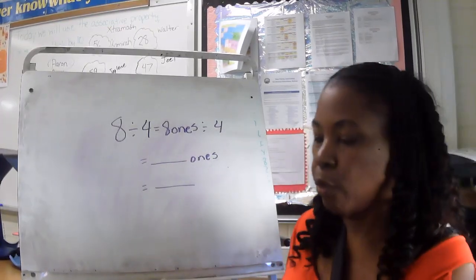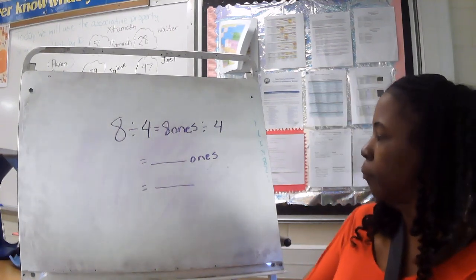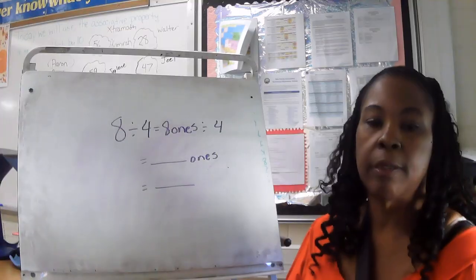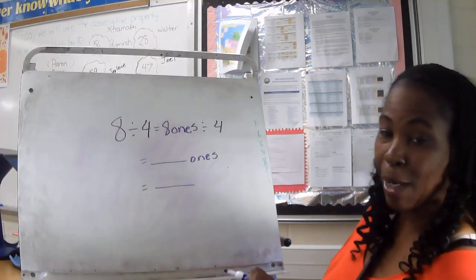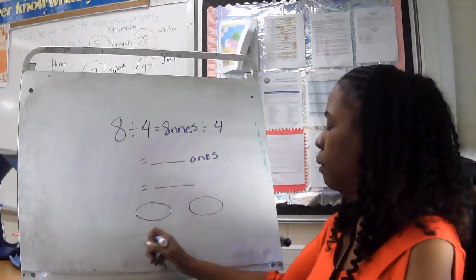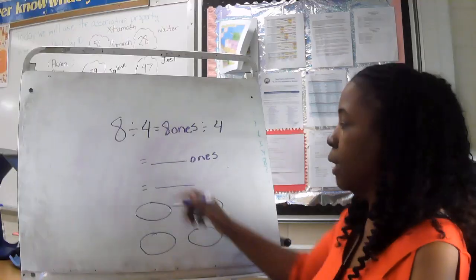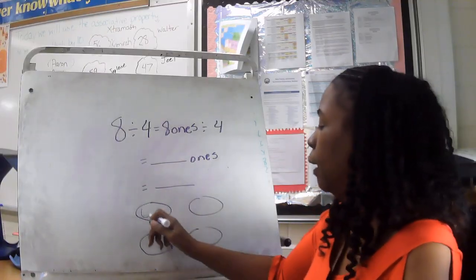So we're getting to our division, and it says 8 divided by 4 equals 8 ones divided by 4. Okay? So what that means, if I were to draw it out with discs, I would do 4 groups, because it's 8 ones divided by 4, so it's divided into 4 groups, and they're going to have an even amount.